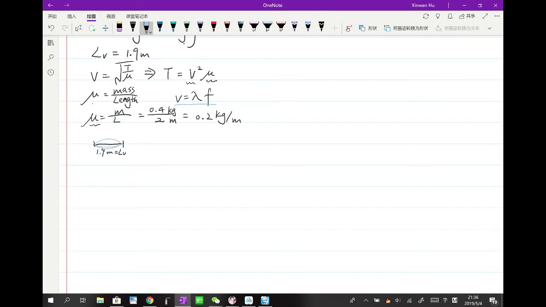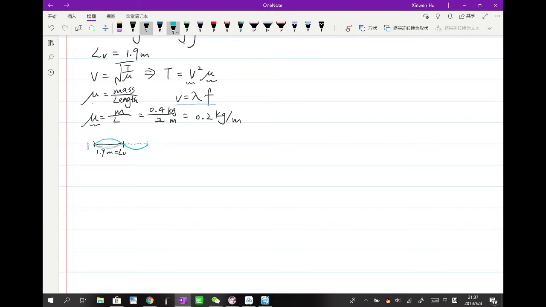And we know lambda is the wavelength. So the wavelength is a whole cycle. This will be a wavelength.